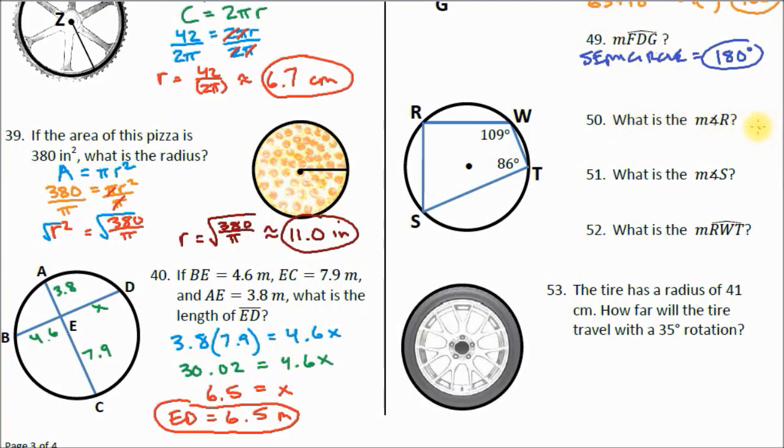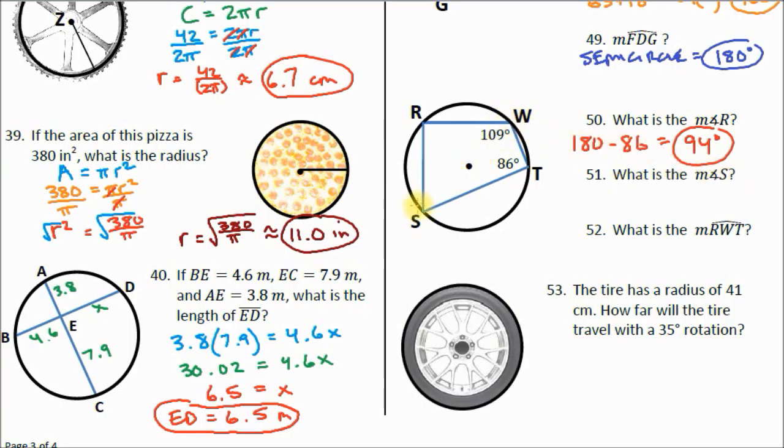What is the measure of angle R? This is a quadrilateral inscribed in a circle. That means opposite angles are supplementary. So the measure of angle R is 180 minus 86, which is equal to 94 degrees. What is the measure of angle S? Same property.